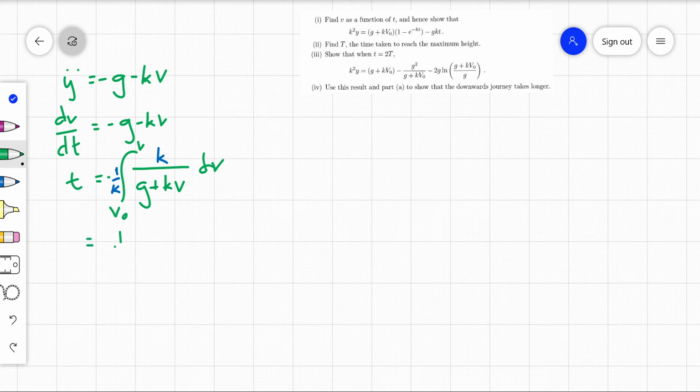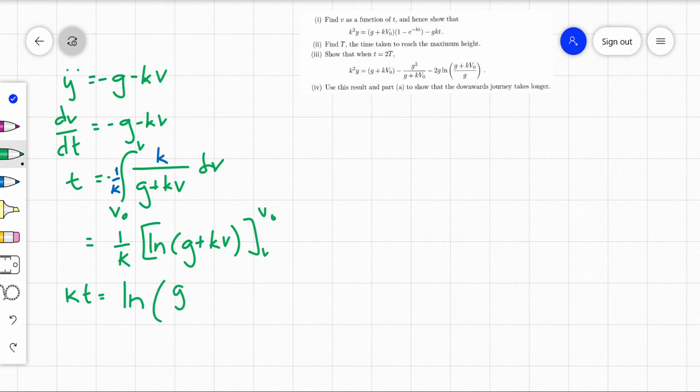So it's clearly going to be a log of g plus kv, and I'm going to swap the limits around, so that takes care of the minus that was in front. I'm also going to times the k over this side, so I've got kt, and you can see I've got log of, so if I sub in the first one, I get g plus kv0. If I sub in the next one, I've got g plus kv.